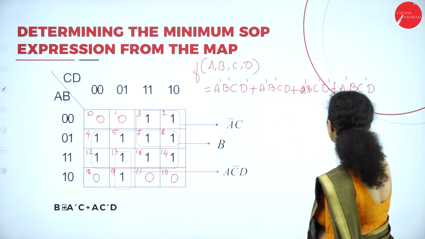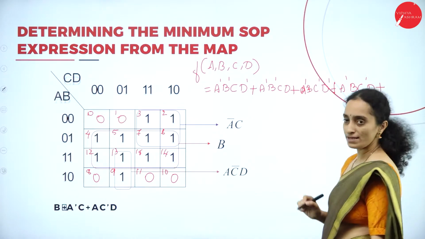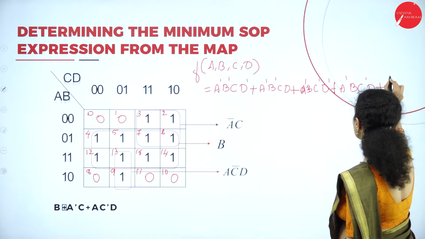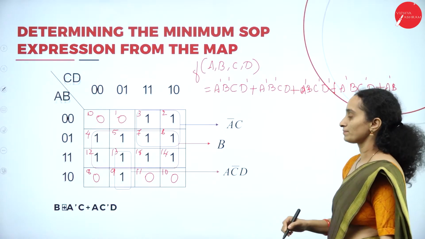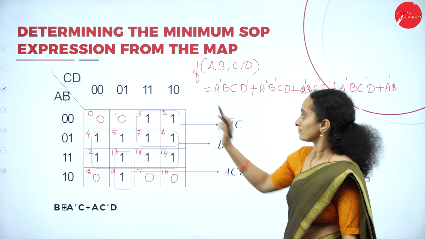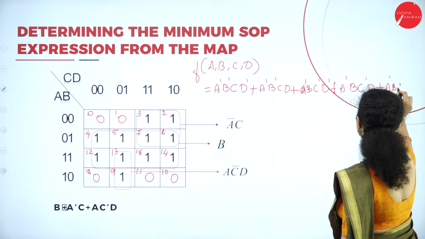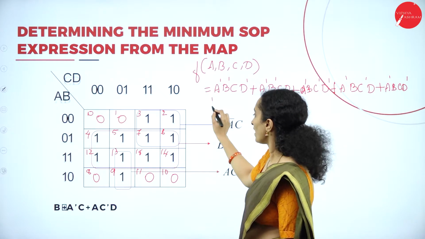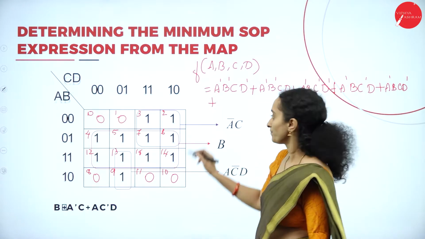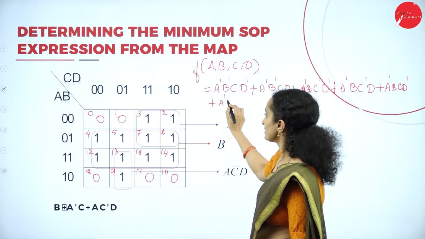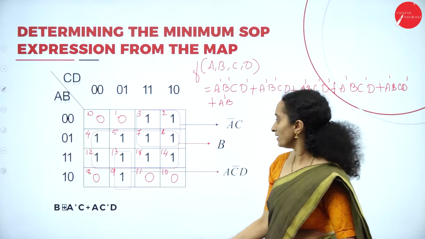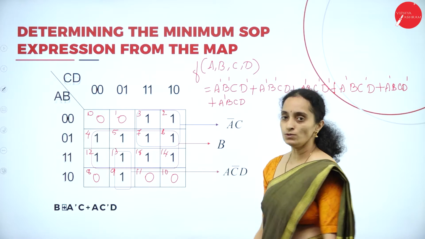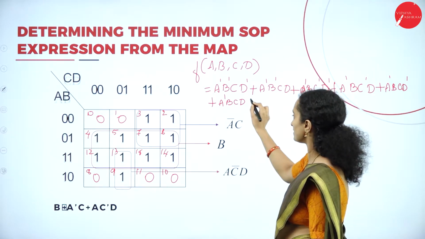Then 6 is a dash b c d dash. Isn't it? Next we have 7, a dash into b into c into d.